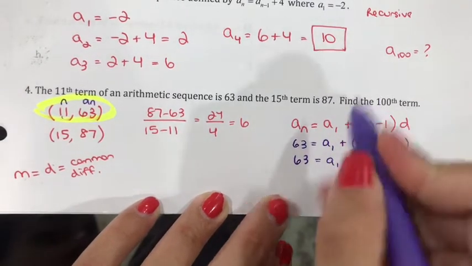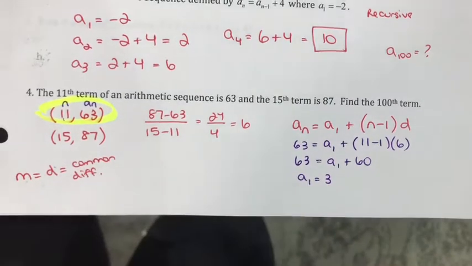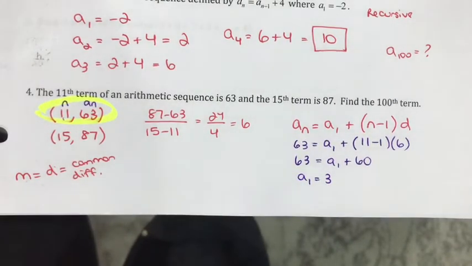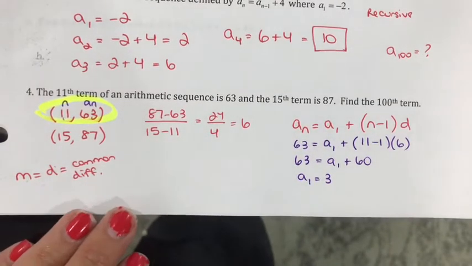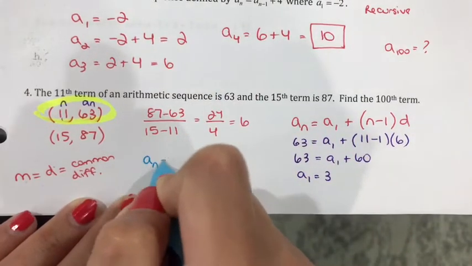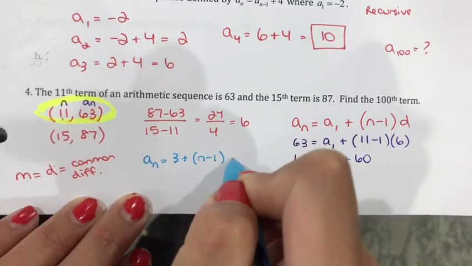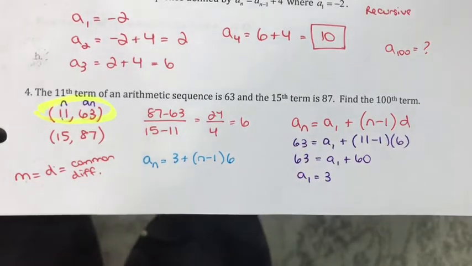That means my first term, just subtracting, has to be 3. Now, if I were to plug this back into my formula, so let's move over to the left here. I've got a sub n equals 3 plus n minus 1 times 6 is the common difference. That would be our explicit formula.